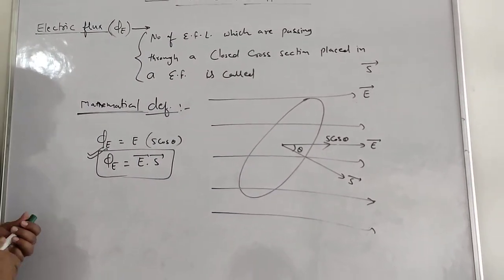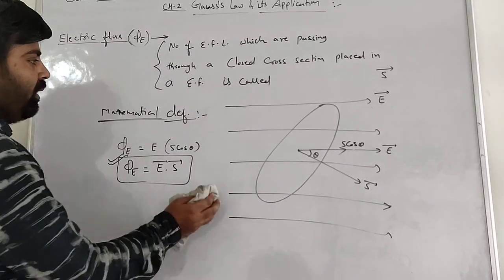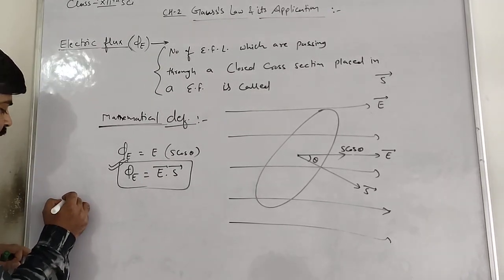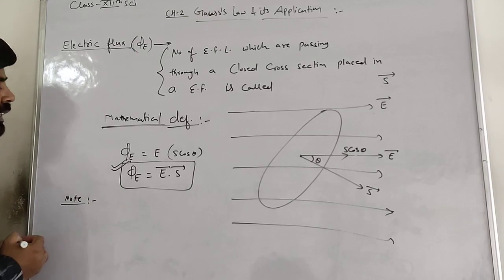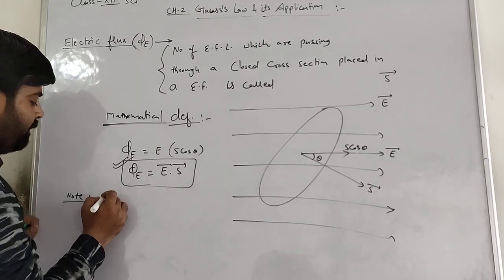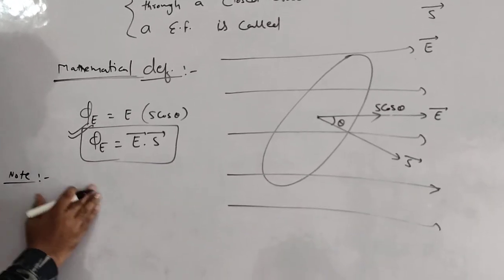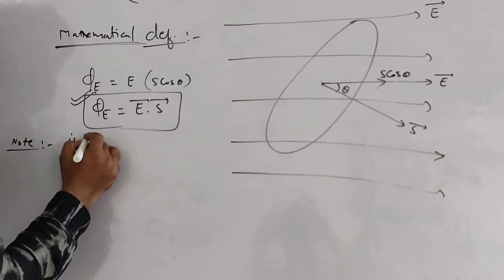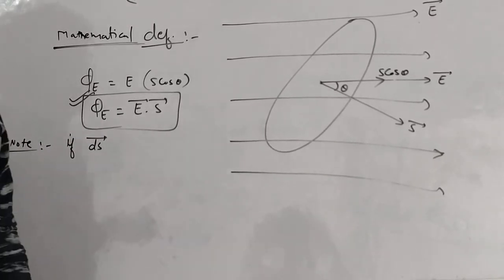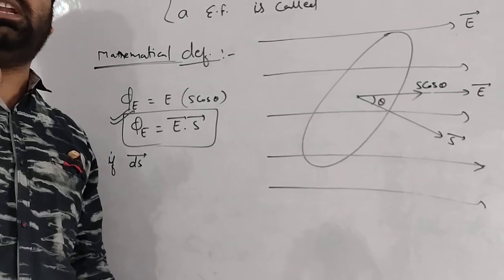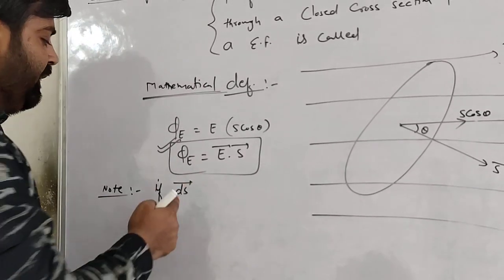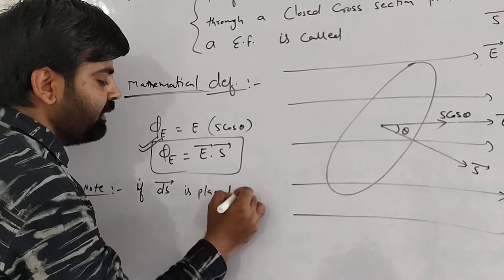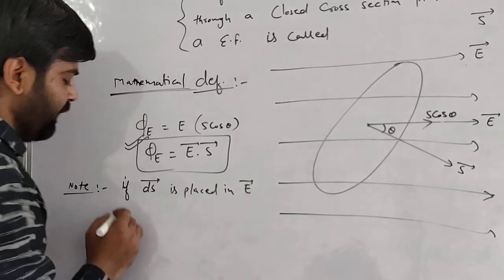Now in a general way, we discuss a small element of area, ds vector, placed in electric field E vector.